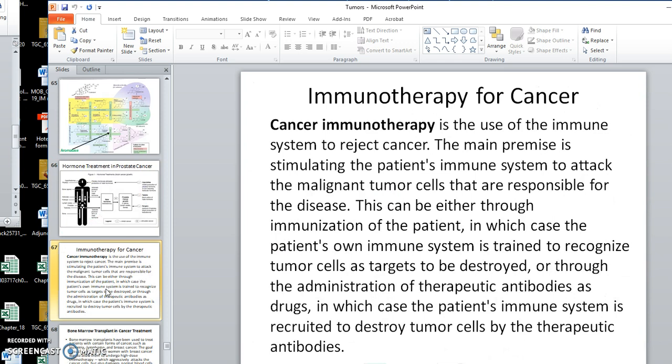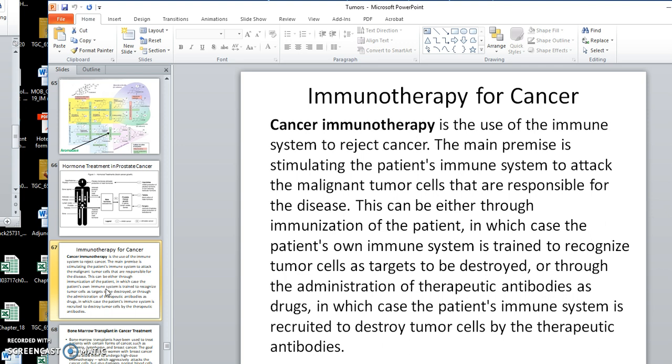Here's the new big one coming up, cancer immunotherapy. In that particular case, what you're doing is taking antibodies and modifying them, in medicine, and trying to make them go for the tumor cells.